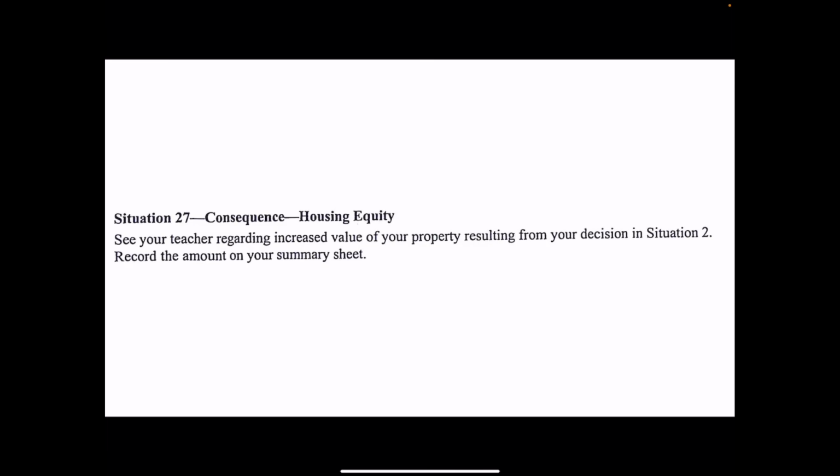If you chose letter A, you get 0. If you chose letter B, you get $2,000. If you chose letter C, the condo, you get $1,000. Then you can figure out your balance.